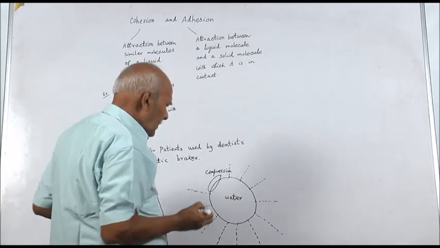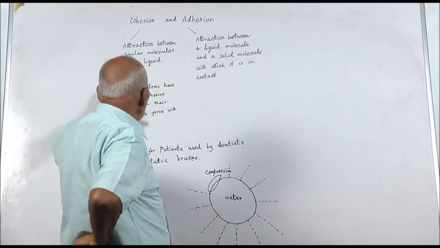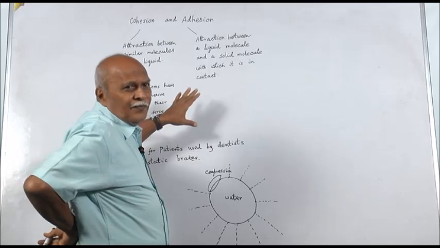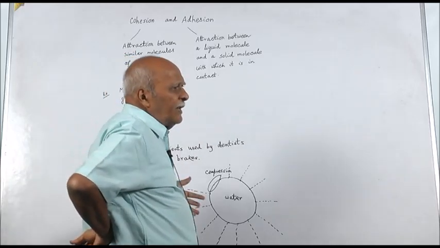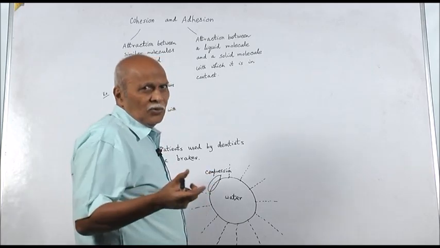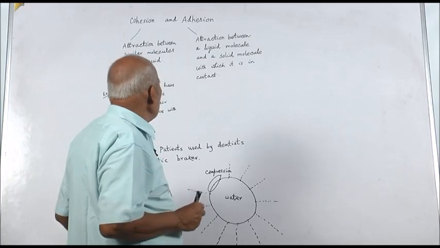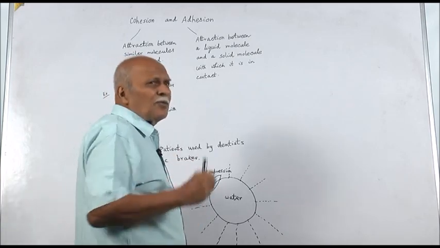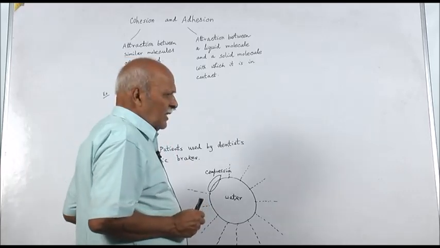Then the result is mercury does not stick to glass. That means in a beaker, suppose mercury is taken and then poured into the bottle, there is no trace of mercury found on the glass.